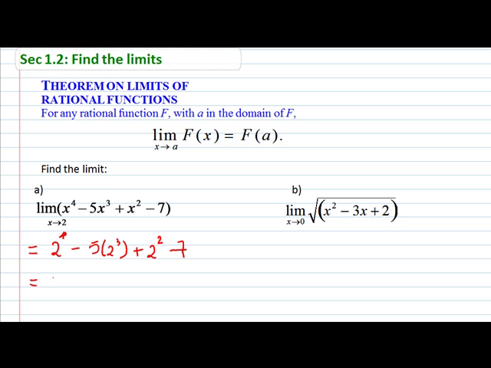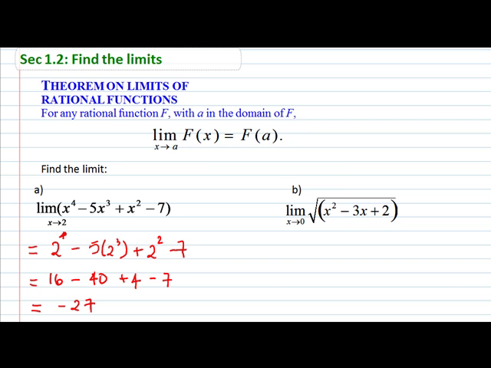So I have 16 minus 2 cubed, which is 8. 8 times 5 is 40, plus 4 because 2 squared is 4, minus 7, which is equal to minus 27. That's our limit.